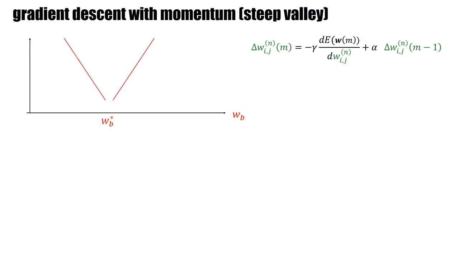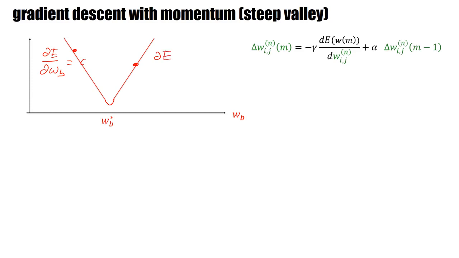Now something very similar happens in a steep valley. Suppose that when I move down here, I have a dE/dWB equals C, and I make a big step. If I make a big step, I may end up on the other side.